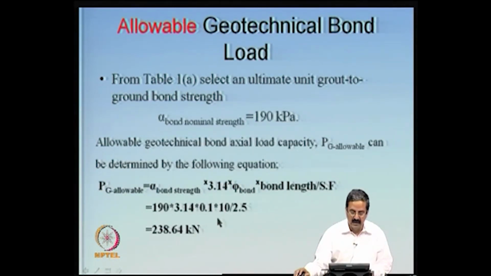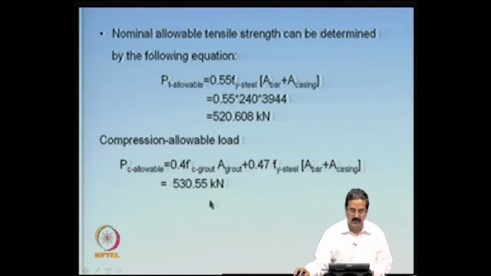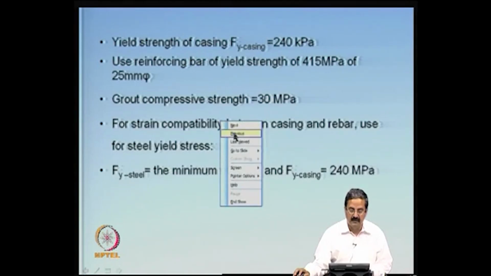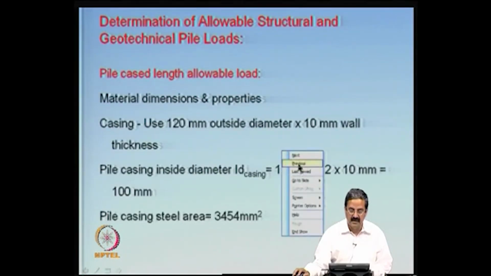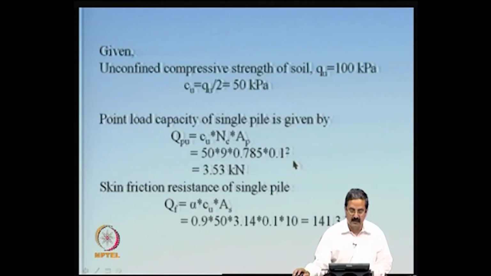So, 238 kilonewtons is quite good compared to 530. And then we also had a calculation about the number of piles required based on some load, and based on the properties of that soil and other things.